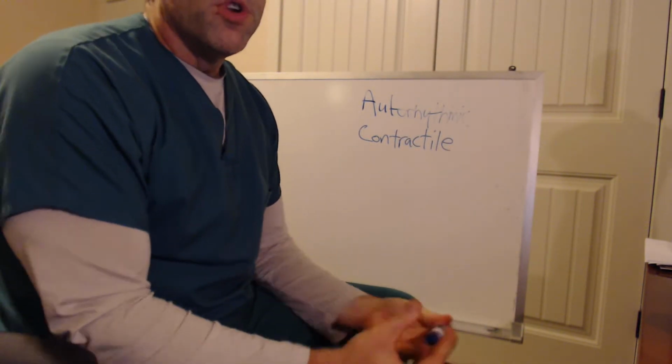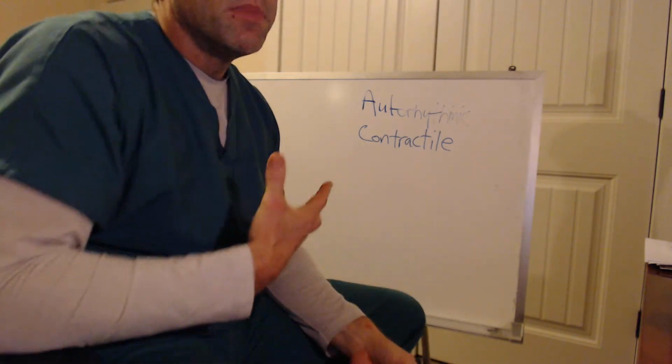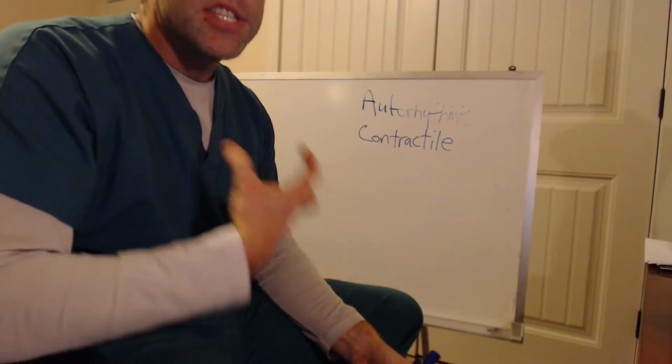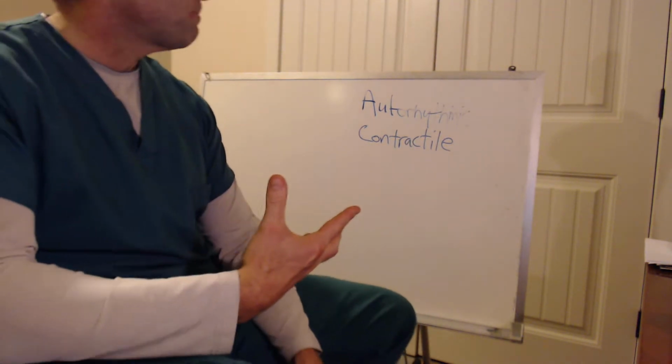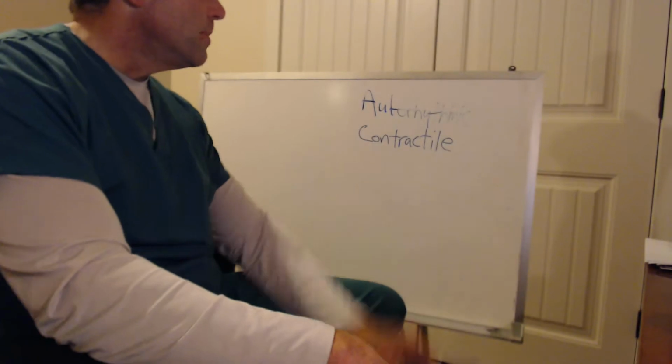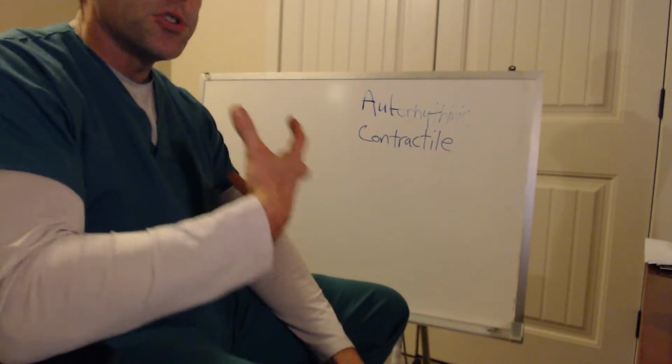So the autorhythmic cells are going to be like the heart's own internal wiring, its own internal nervous system. And so these autorhythmic cells are going to stimulate the contractile cells to contract.